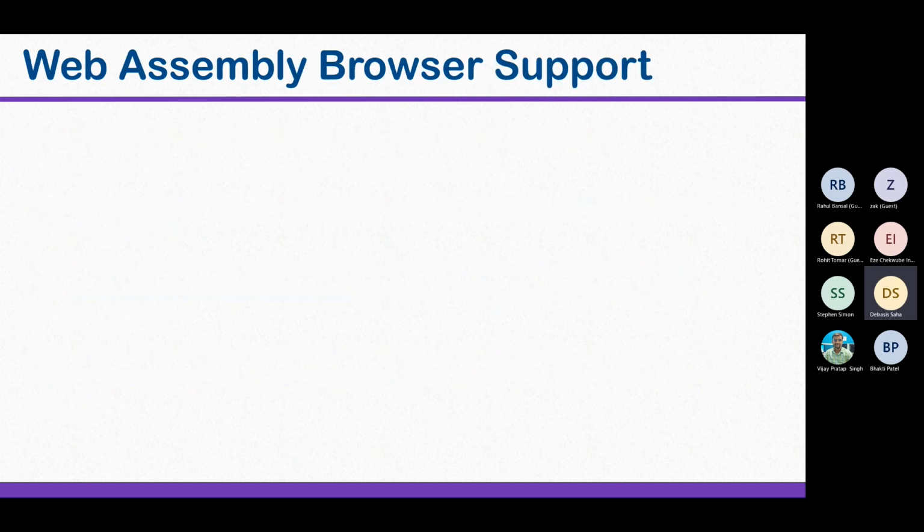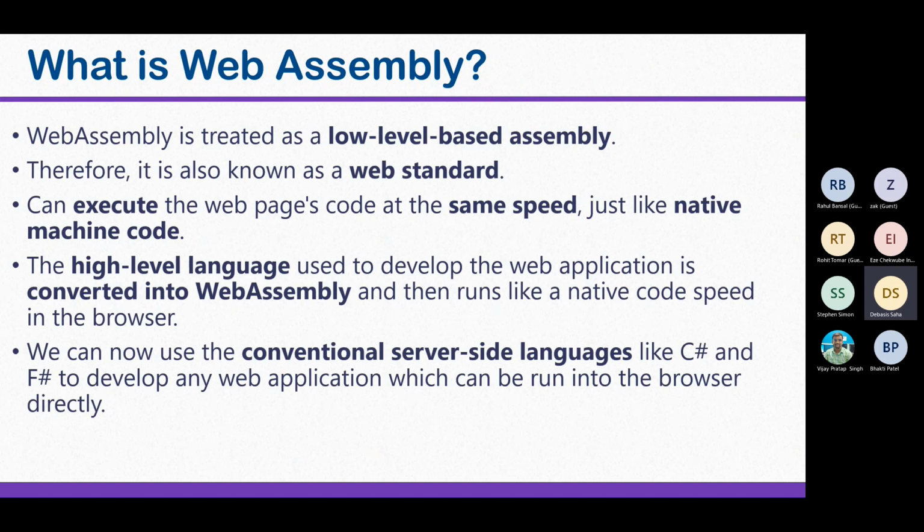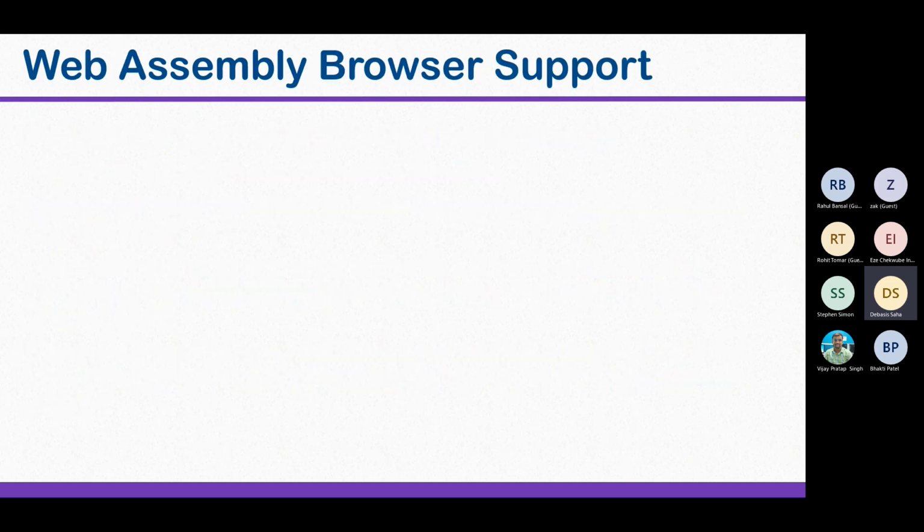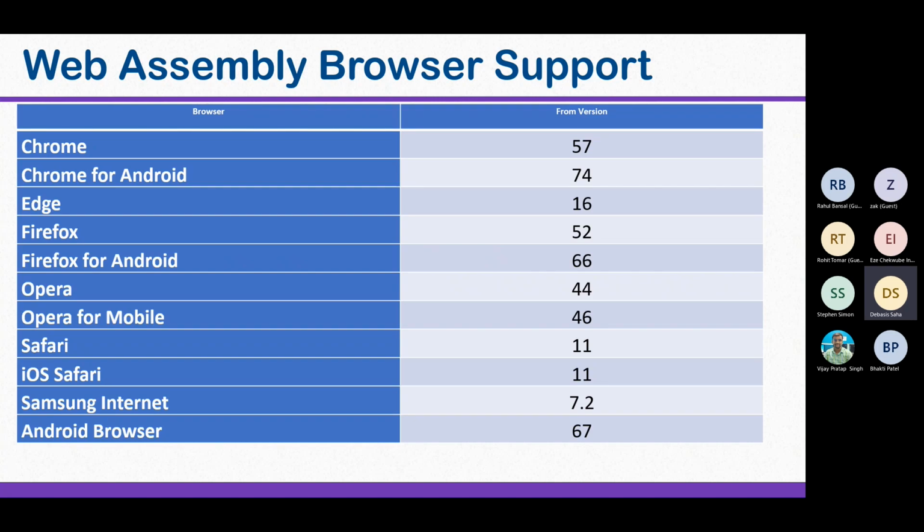If the browser does not support WebAssembly, then ultimately that application will not perform accordingly. So before developing any application, we first need to know which browsers or browser versions support WebAssembly.